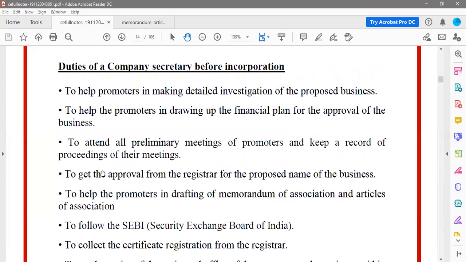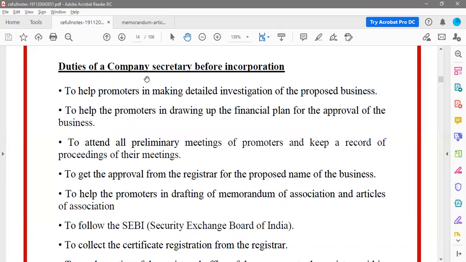Then let us learn a few duties of the company secretary before incorporation. Now the company secretary is a professional who is involved with the company from A to Z, from starting the company, from registering the company till the closure of the company. They require the help of professionals like CA and CS.